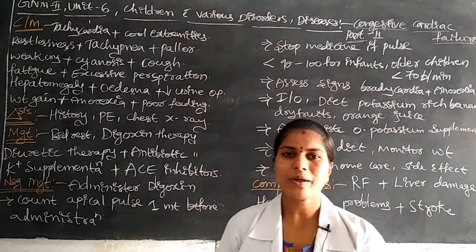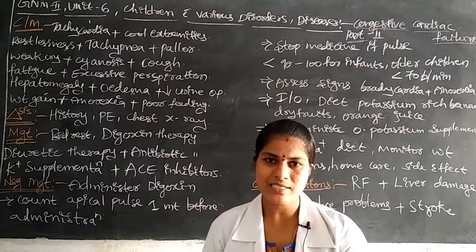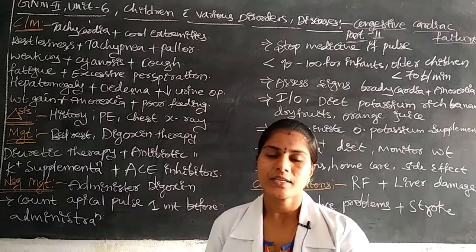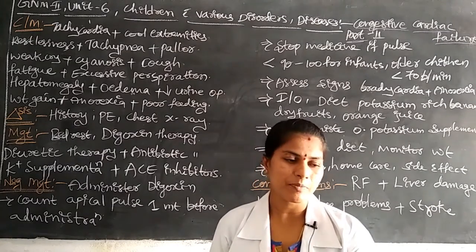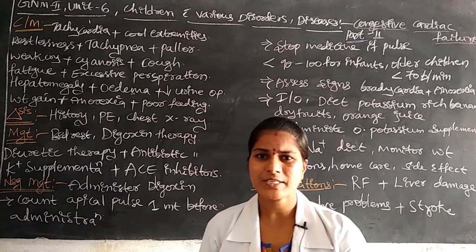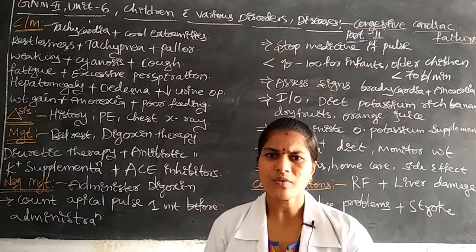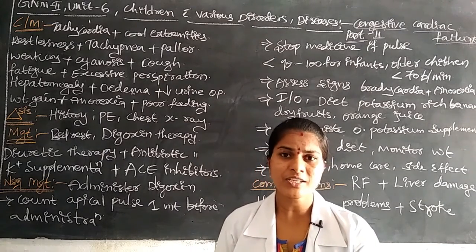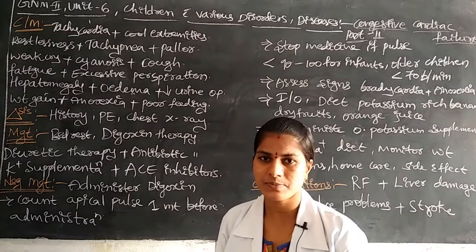By clinical manifestations, by signs and symptoms only, we differentiate whether the child is suffering from rheumatic fever, heart failure, hypertension or diabetes mellitus, whatever it may be. Why? Because different disease conditions have different signs and symptoms.